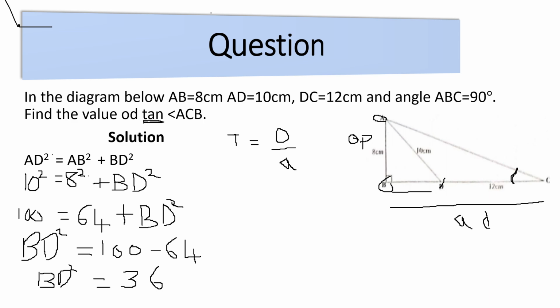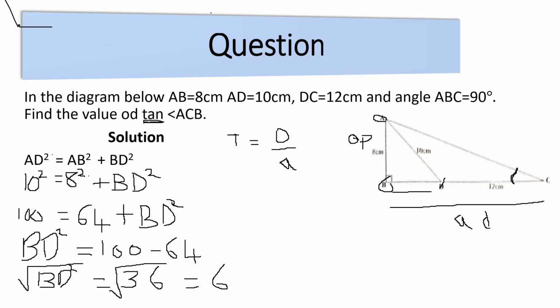Then introduce the square root on both sides, and we are going to have 6 cm. When you add 6 to 12, you get 18. So our adjacent will be 18.